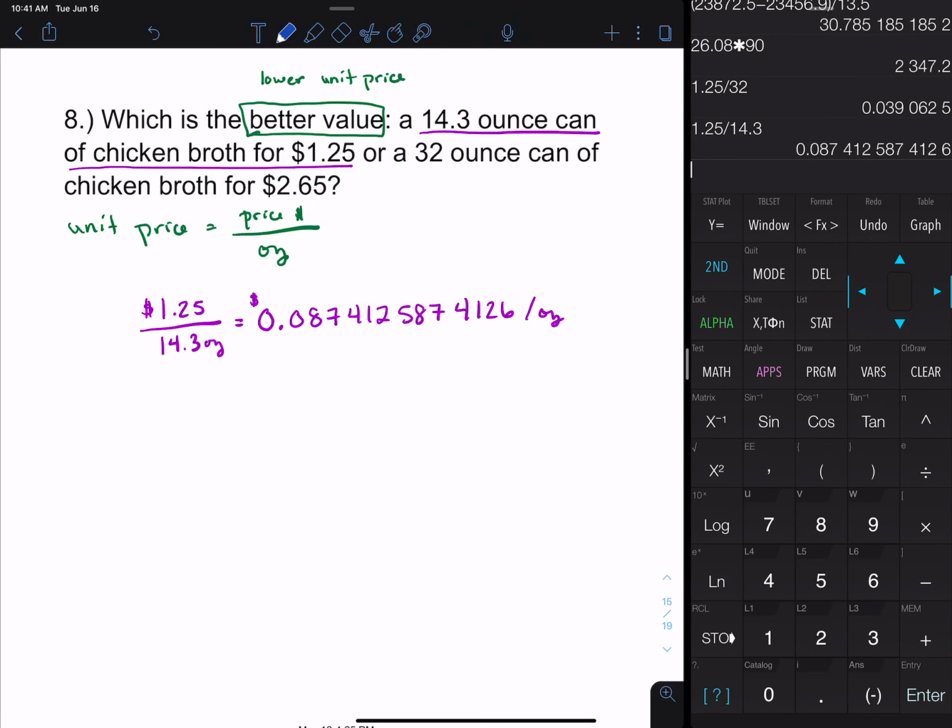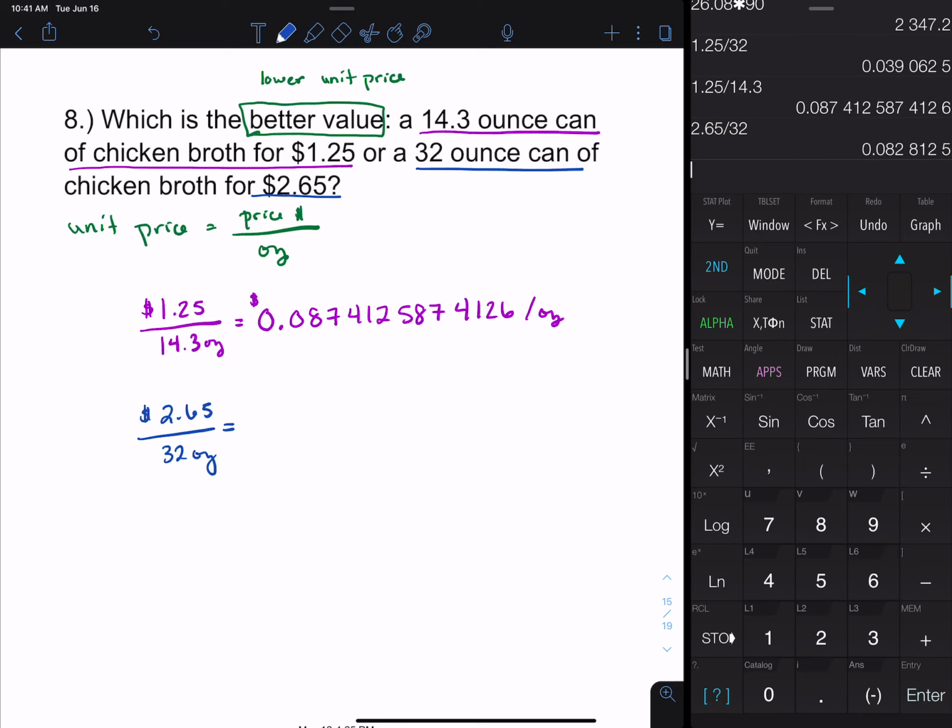Now I'm going to look at the 32 ounce can for $2.65. So I'm going to take that $2.65, I'm going to divide it by 32 ounces. And when I do that, $2.65 divided by 32 gives me 0.0828125 per ounce, right?